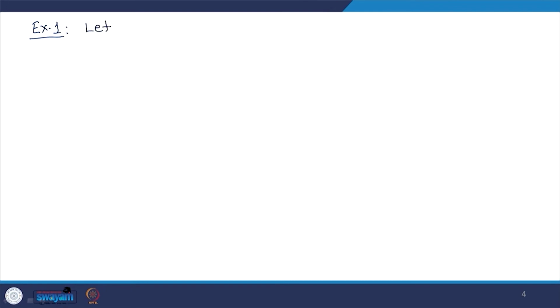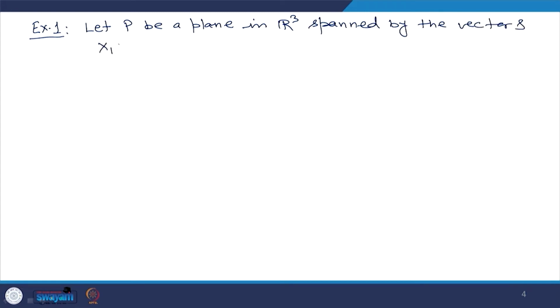So, let P be a plane in R3 spanned by the vectors x1 equals 1 2 2 and x2 equals minus 1 0 2.